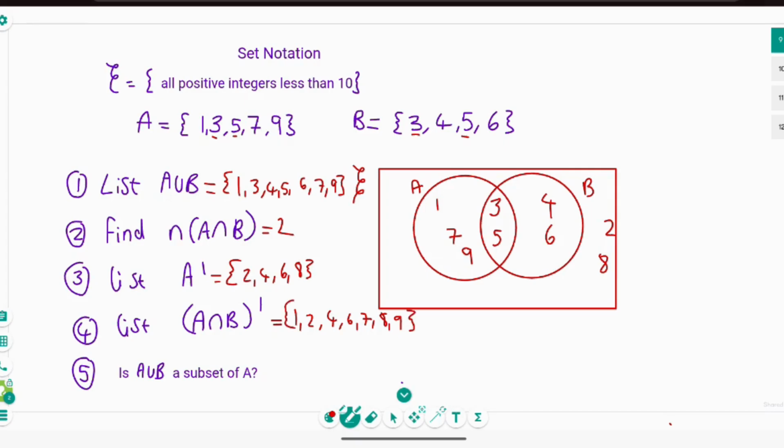And is A union B a subset of A? So this here is A union B. For all of those elements in A, well, no, they're not. So A union B is not a subset of A.